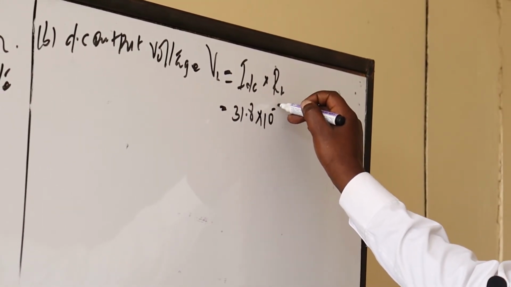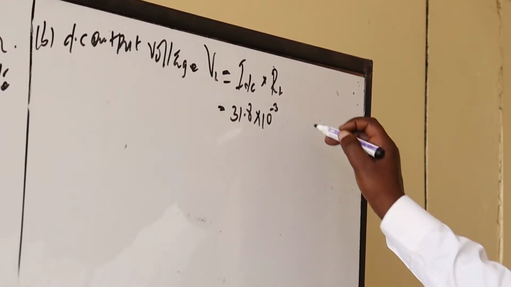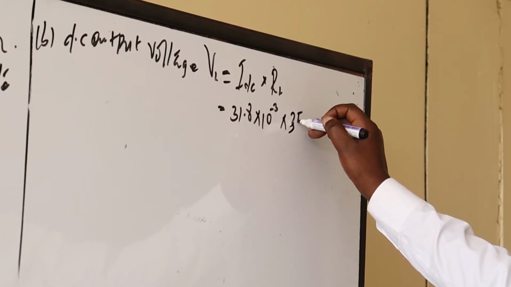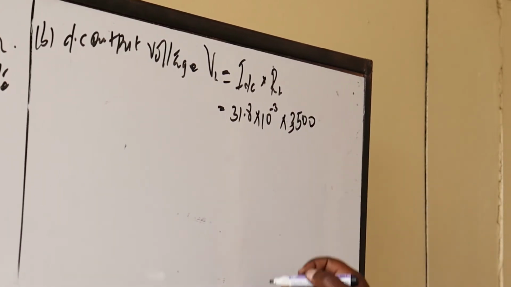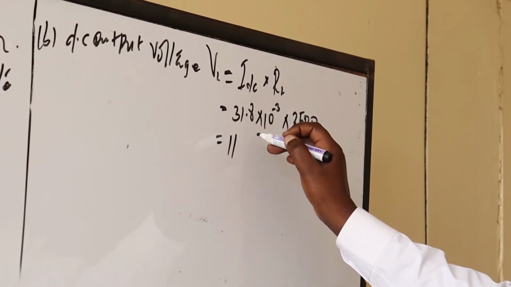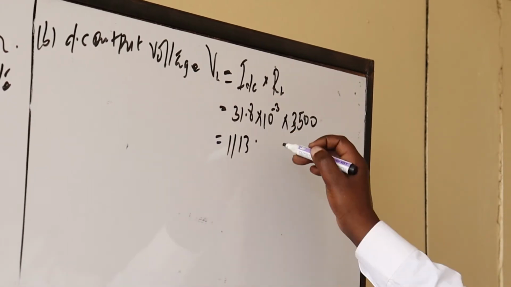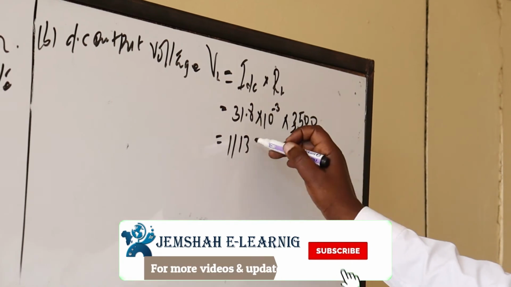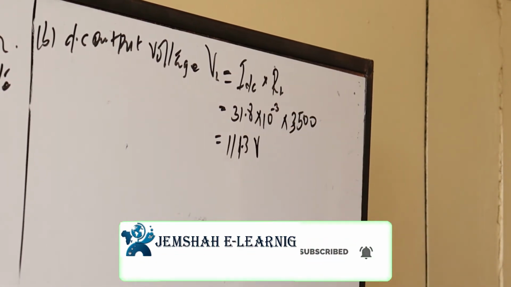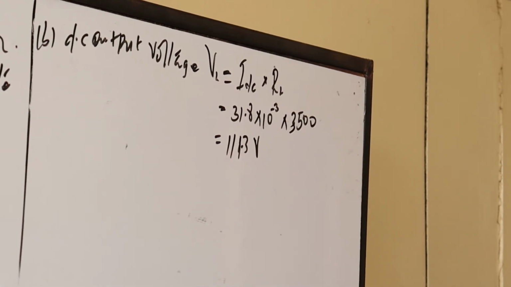So we multiply by 10 power negative 3 so that it is in amperes, times 3500. This gives you 111.3 volts. That is our DC output voltage.